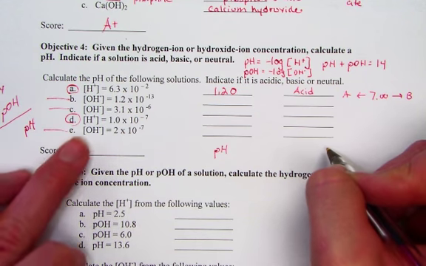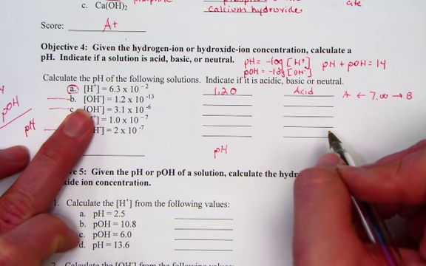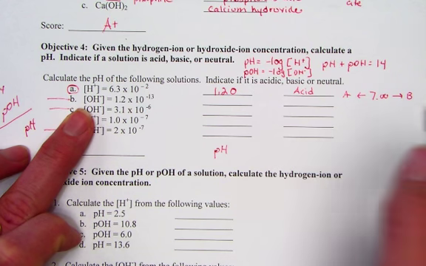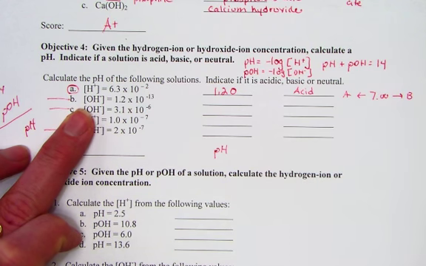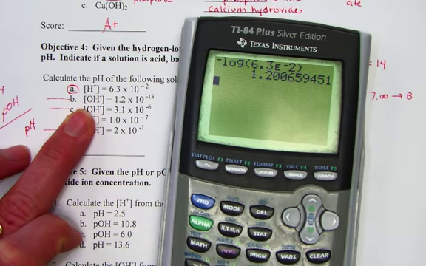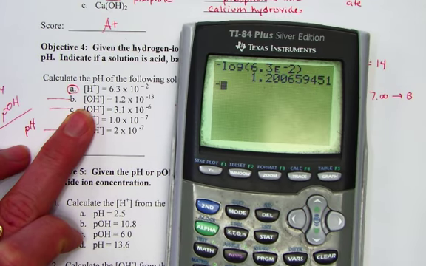So, letter B. Again, indirectly we have to calculate pH by hitting negative log of hydroxide ion first. Let's begin with the letter B by hitting negative log of 1.2 E negative 13.